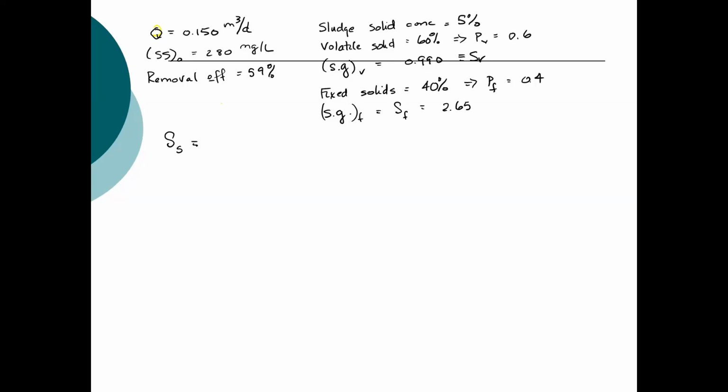The specific gravity of our solids is equal to M sub S, the mass of the solids, times S sub F times S sub V over the mass of the fixed fraction times S sub V plus the mass of the volatile fraction times S sub F. And M sub S is equal to M sub F, the fixed fraction, plus the volatile fraction.